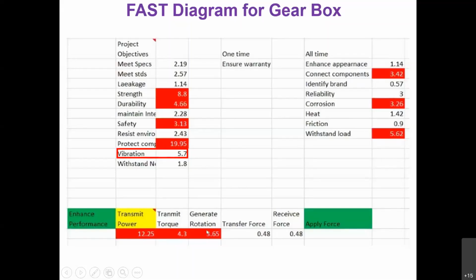So what is the advantage of this? The next phase is nothing but a creativity phase, where you are going to create ideas considering the function. So for example, for transmitting power, what are all the ways? Here, I'm going to create ideas considering the function.